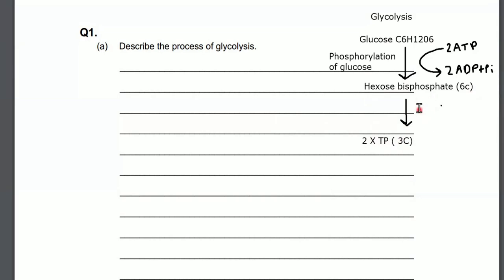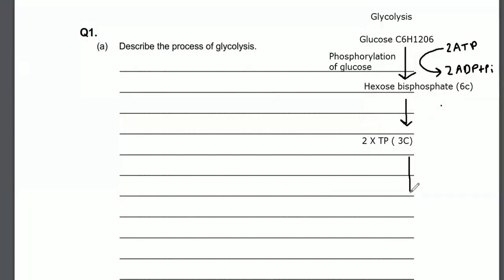However, it's important to note that this doesn't use or produce any ATP. So in a way, if you were revising, just knowing that glucose ends up as TP, and during the process it's phosphorylated using 2 ATP, that would be the key. But if you want to go that extra mile, you can learn that the intermediate molecule that's unstable is hexose bisphosphate.